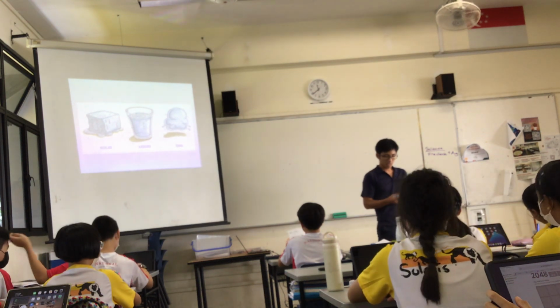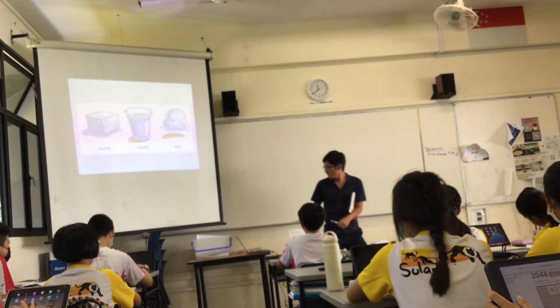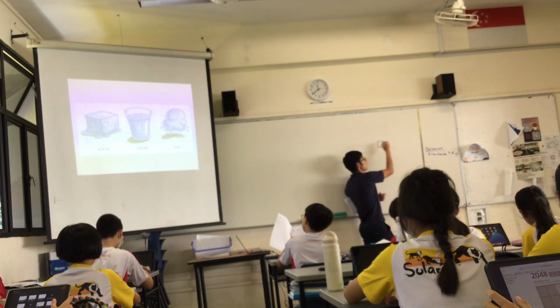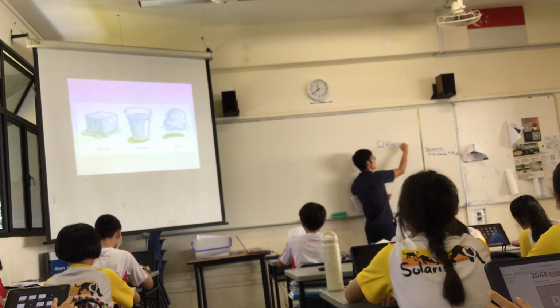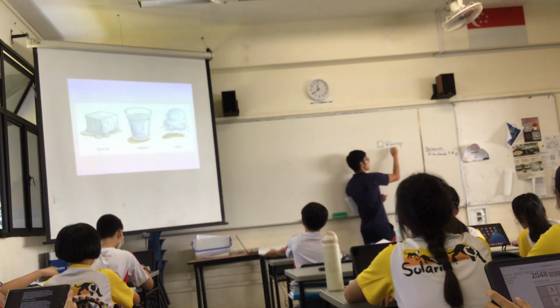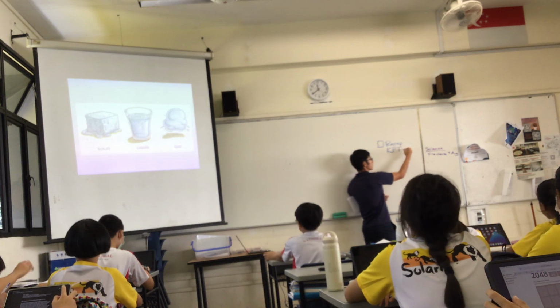Okay, so today we're going to continue where we left off. I'll do a quick recap with you on the model that we've learned so far, the kinetic particle theory model.